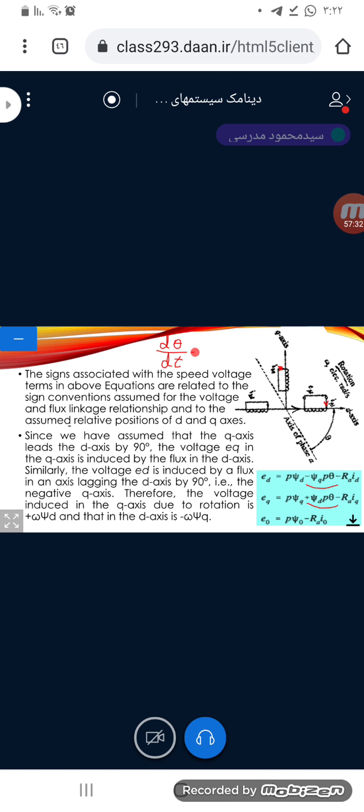Because theta is equal to omega r t, the differential of theta per differential t is equal to omega r.